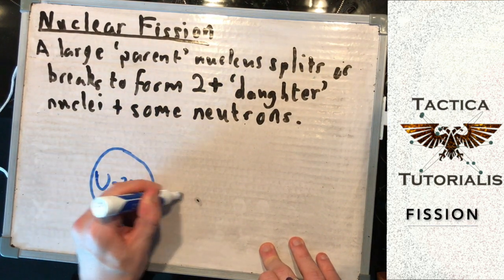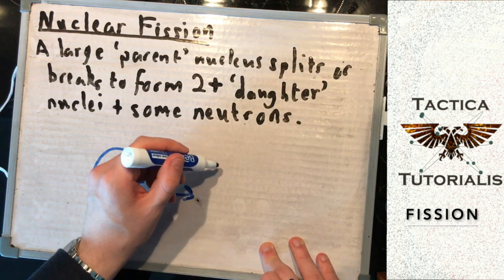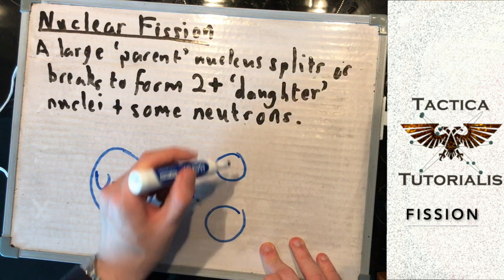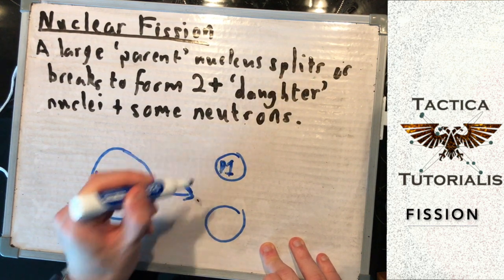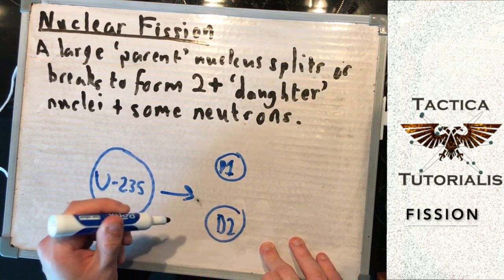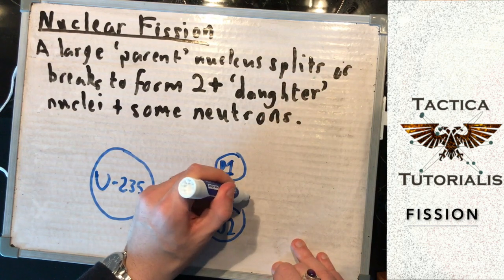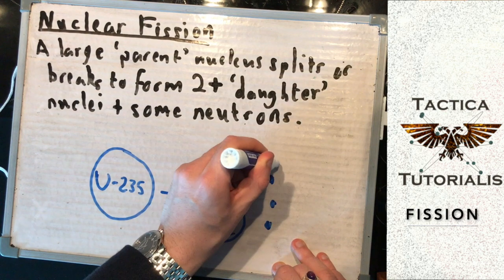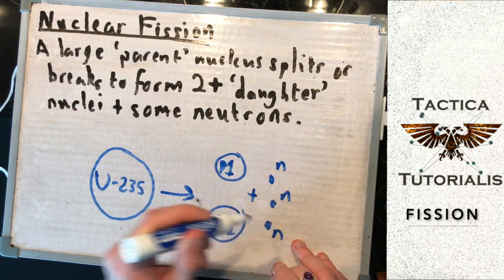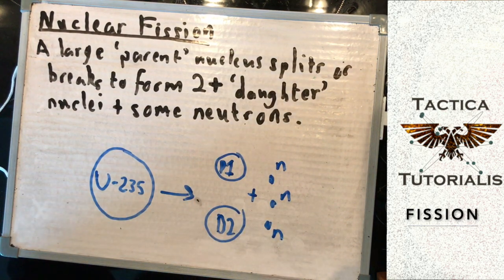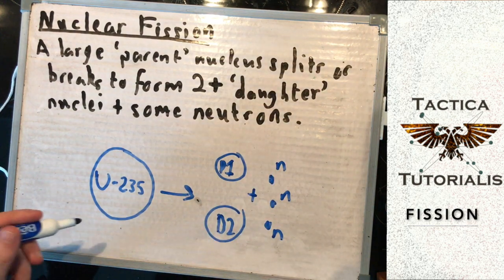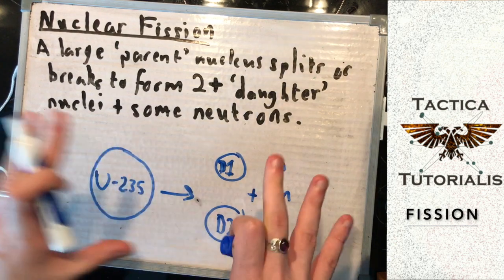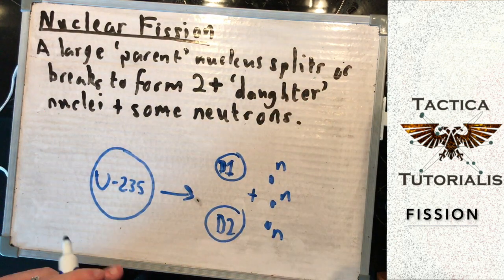U-235 will split and go on to form some daughter nuclei, say 2, and some neutrons. Now, uranium-235 is very particular in that it releases 3 neutrons, which is why I've drawn it that way. And that is all it is. Realistically, that's nuclear fission in a nutshell.